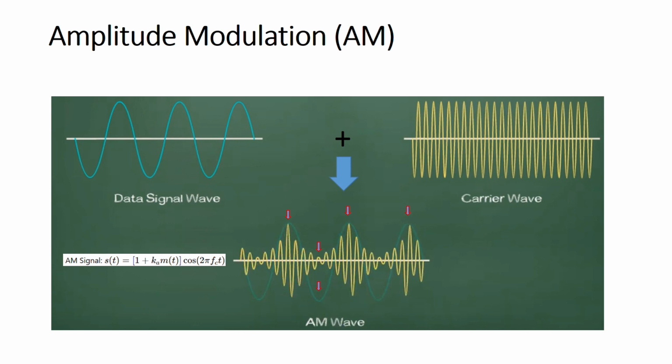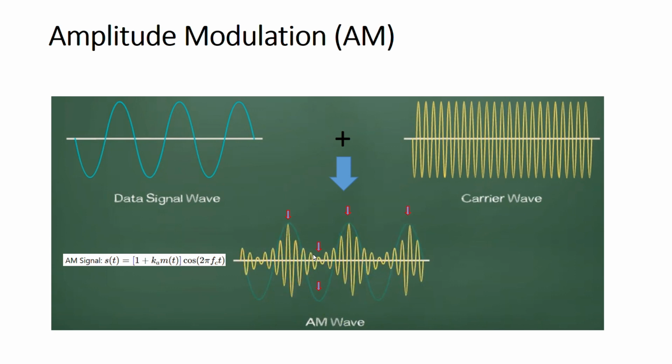At the high point or peak of the data wave, the amplitude of the carrier wave is strongest, and at the lowest point or trough of the wave, the amplitude of the carrier wave is the weakest.